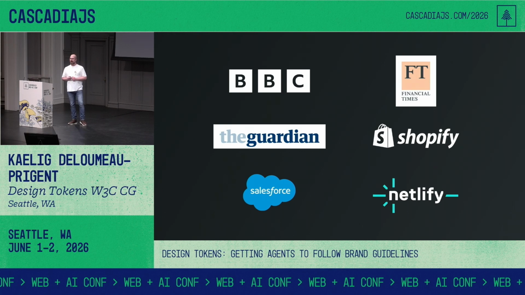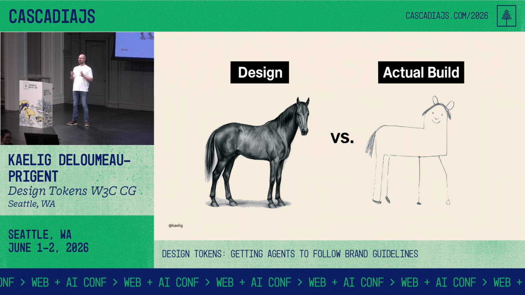I'm Kaelig Deloumeau. I've been working on design systems and front-end platforms for the past 15 years. And this kind of different button issue is not something new. We've seen it many, many times, even pre-AI, where the design intent was translated by developers into something that did not look exactly the same in production.